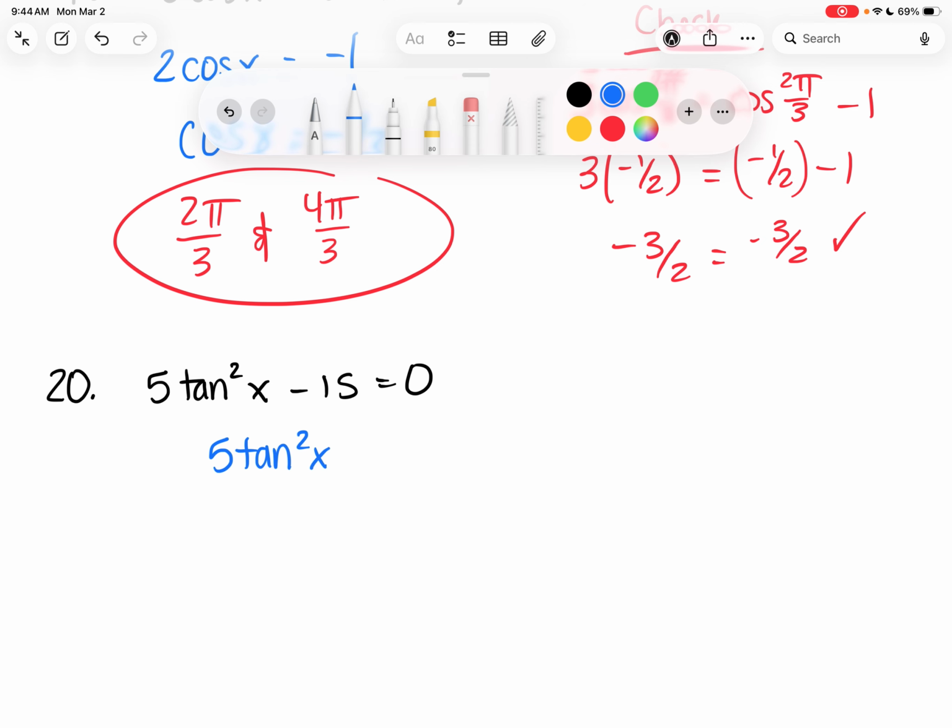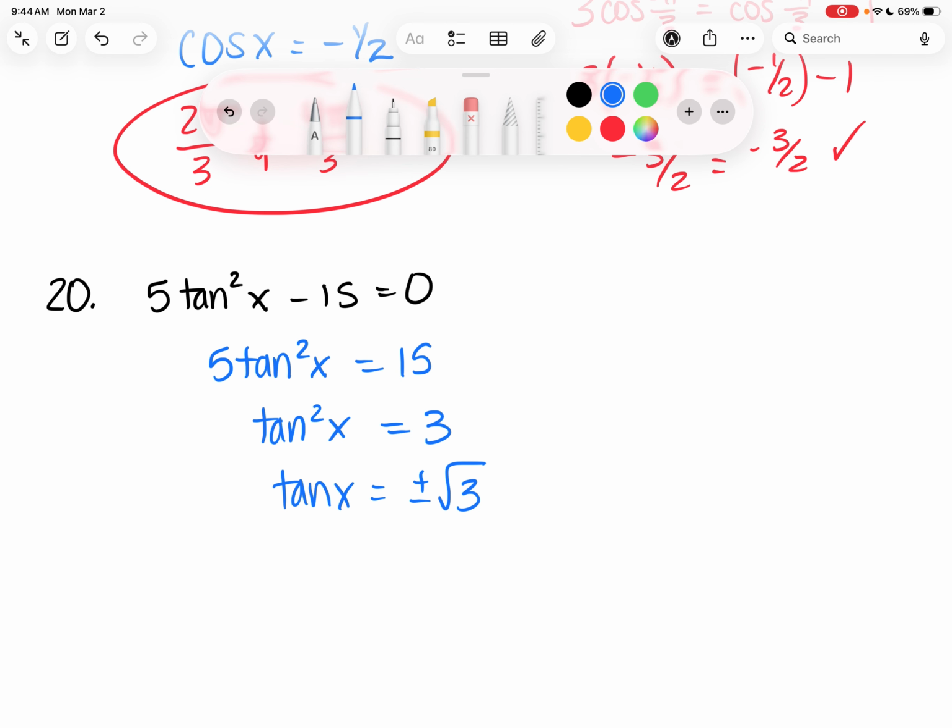So 5 tangent squared of x is equal to 15. If you wanted to divide by 5 all in one step to not have to rewrite it, you can obviously do that. Y'all should be more than capable of doing that. So we take the square root, so tangent of x is equal to plus or minus root 3, and then I would list out all the values.